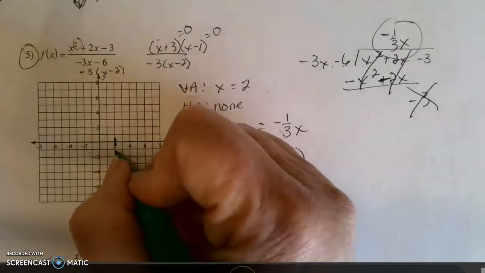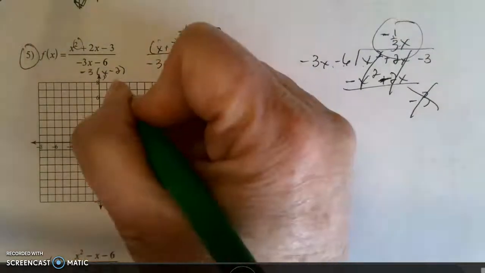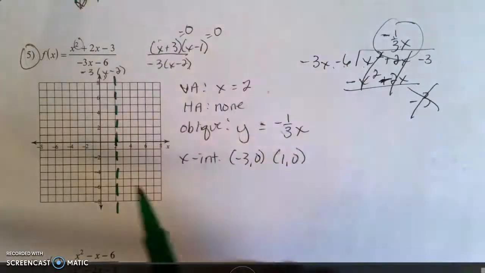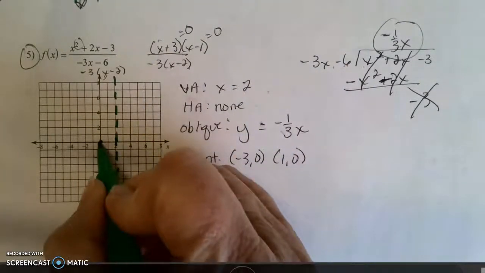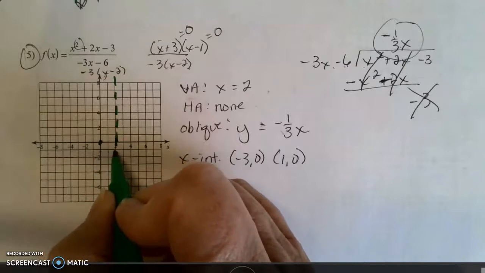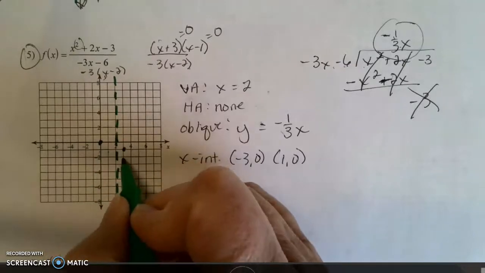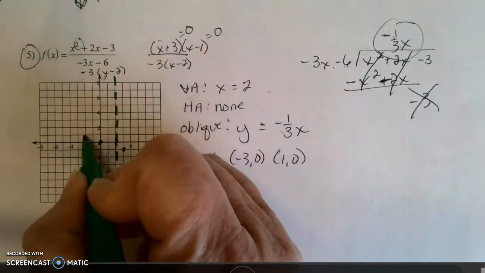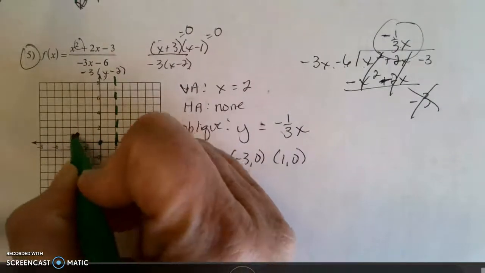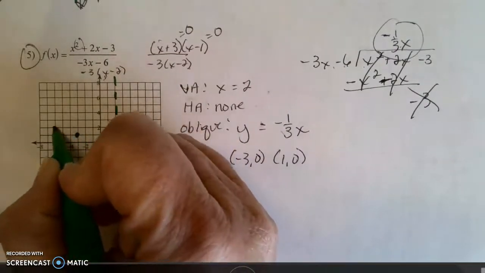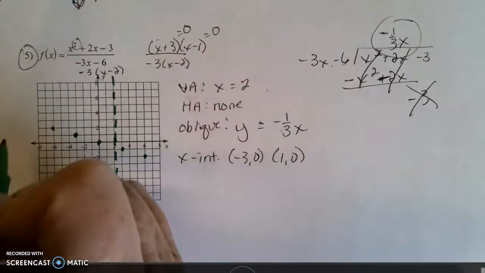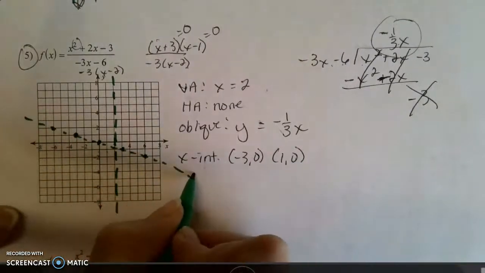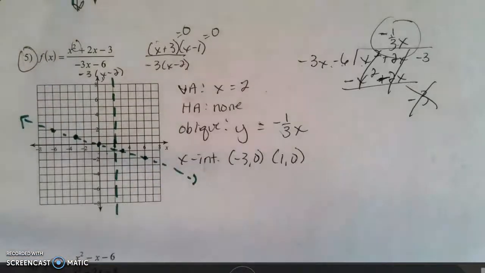X equals 2. My oblique. Down 1 over 1, 2, 3. I'm going to try and get a better line. Better.